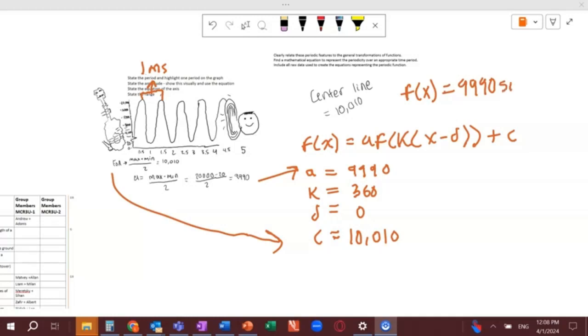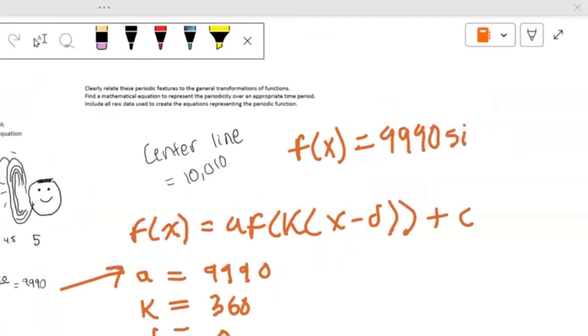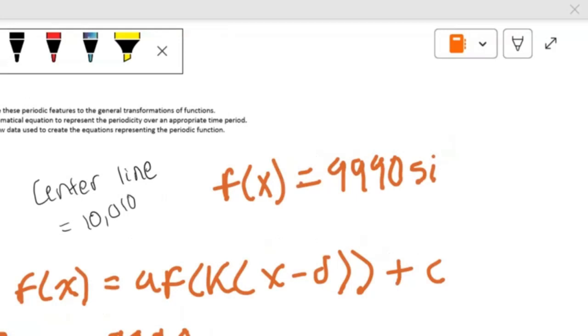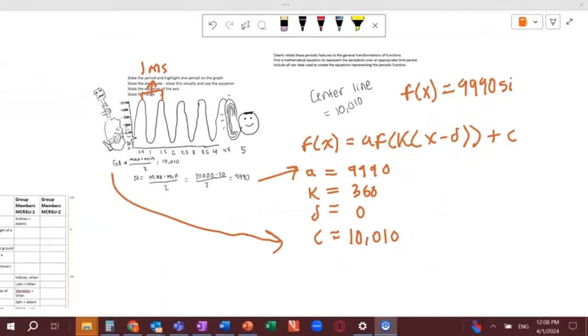So sine, and then the K value, which is 360, and then in brackets just x plus 10,010. So this is our final equation right here.